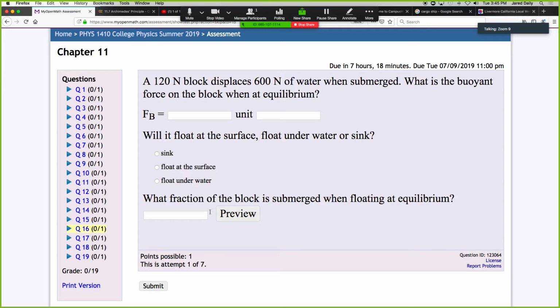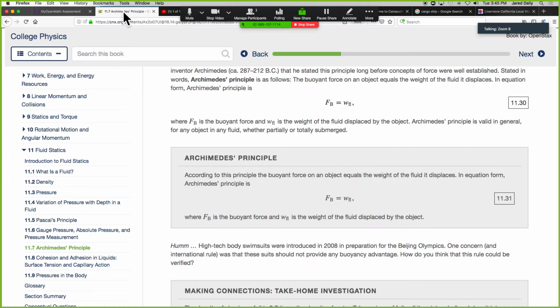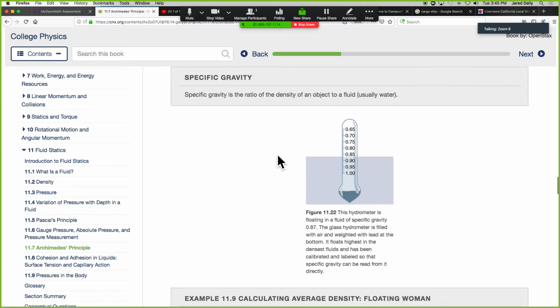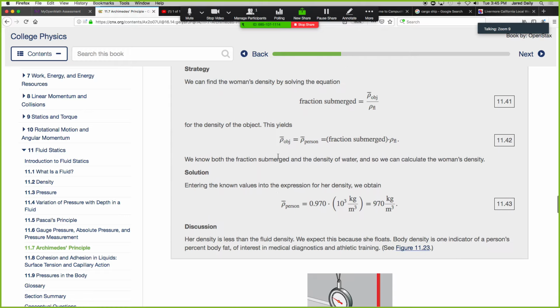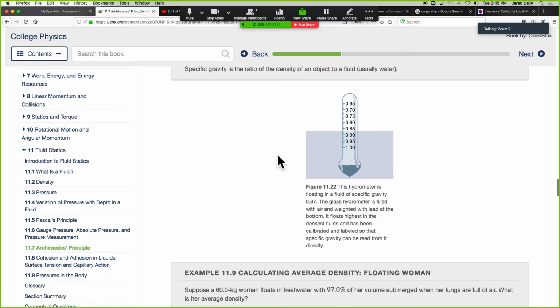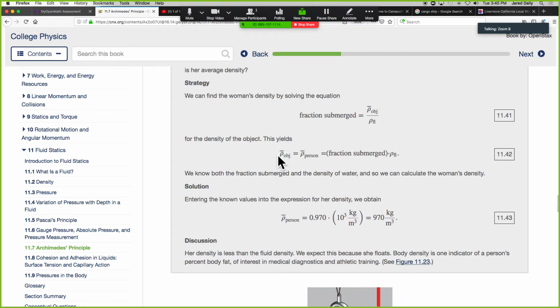The fraction submerged equation? Okay, so in the fraction submerged equation, if we go down here, you have a couple of different equations you can use. You can use this one, which is the density of the object over the density of the fluid.